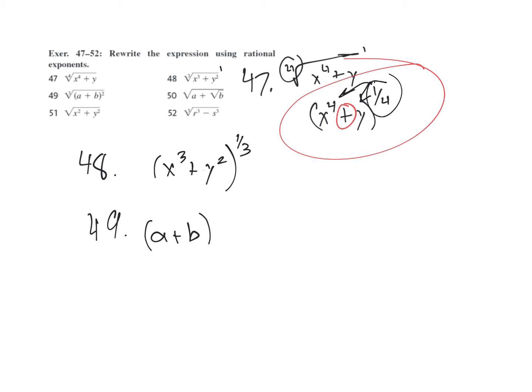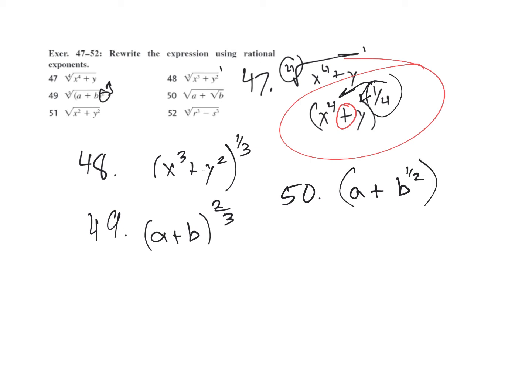And now here, the 2 is on the inside of the radical. It doesn't matter if it's on the inside or the outside. And it's on the group. So that goes there, and the root of 3 still goes in the denominator. And number 50, the group is a plus, and now the square root of b, again, is b to the 1/2.